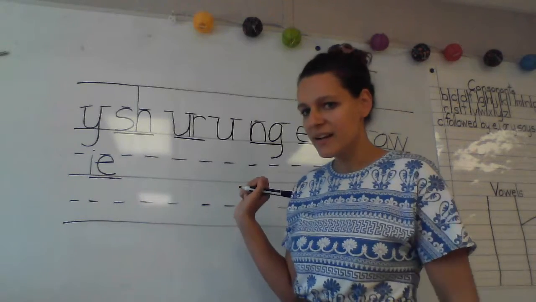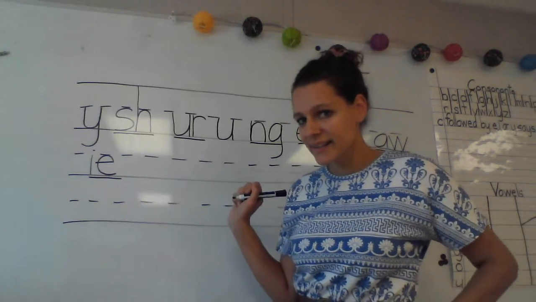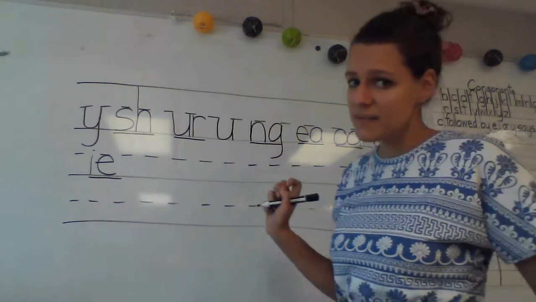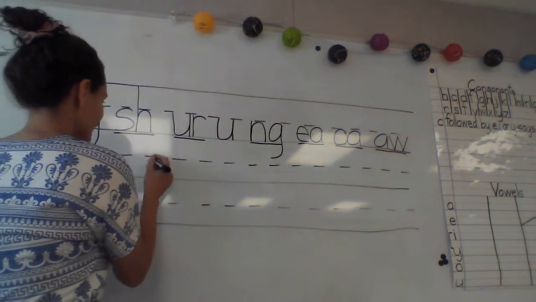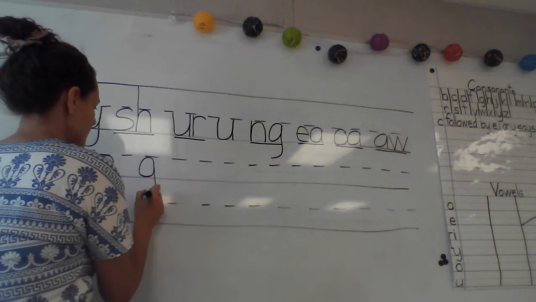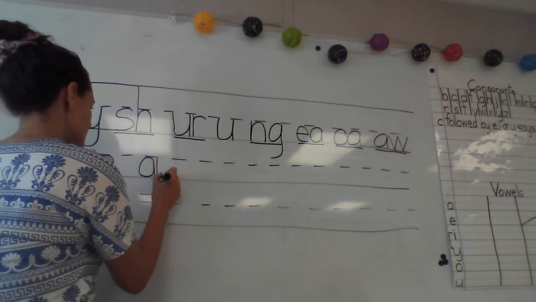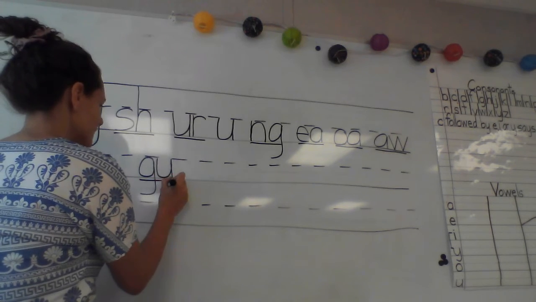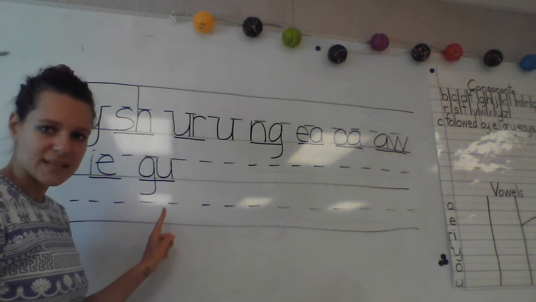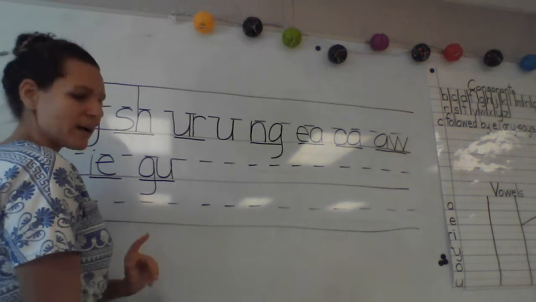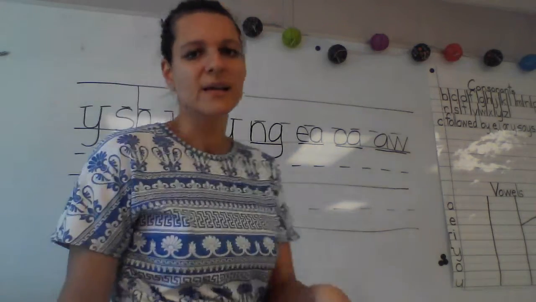Class, what was the last phonogram you wrote? Great. G, 2-letter G, always followed by a vowel. That is this one. Make sure yours looks like mine. If you had something else, then write it 3 times.